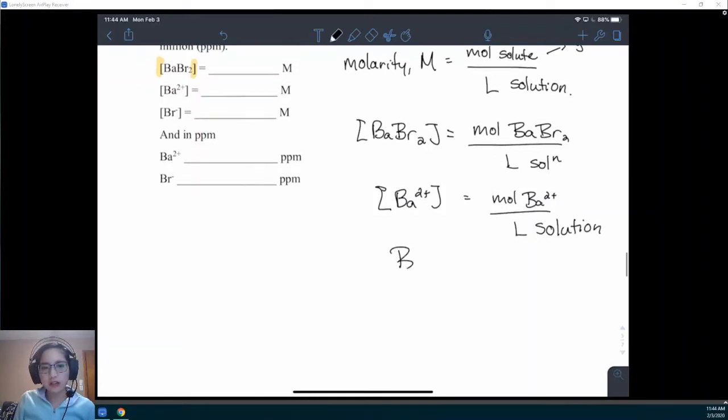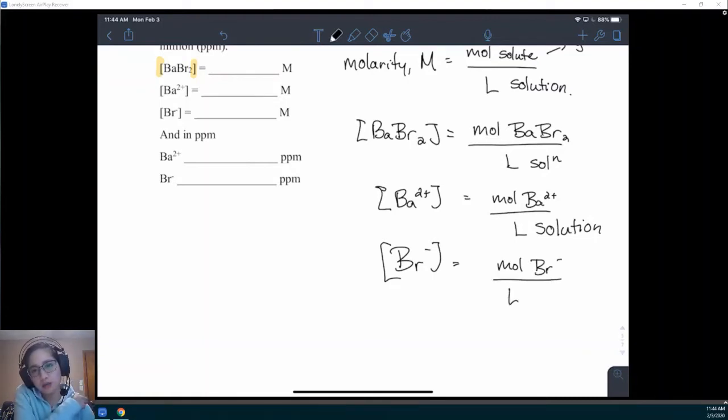So with those definitions in mind, that'll help us get the answers that we need. As long as we can get the moles of the different species, we can figure out all of their concentrations in the 1 liter solution.